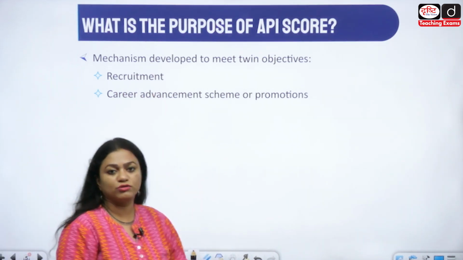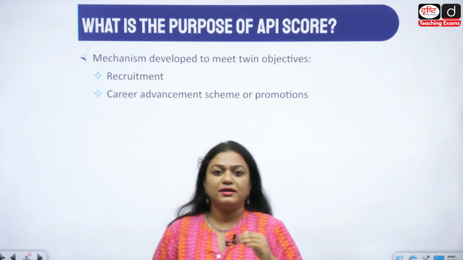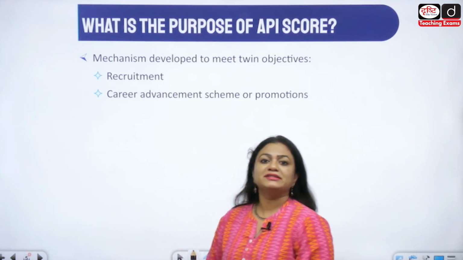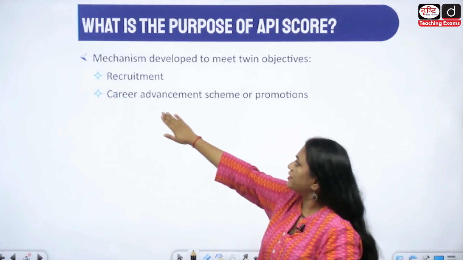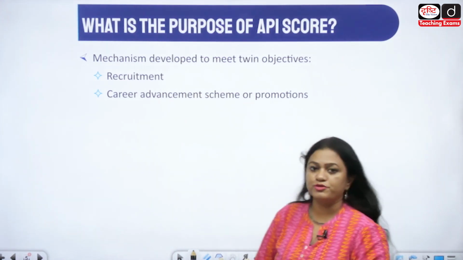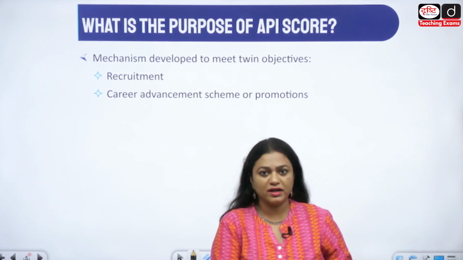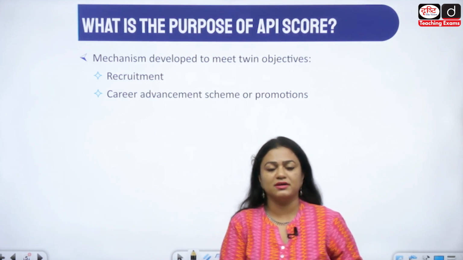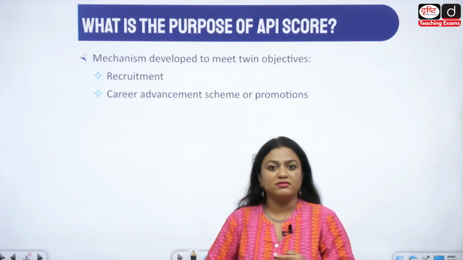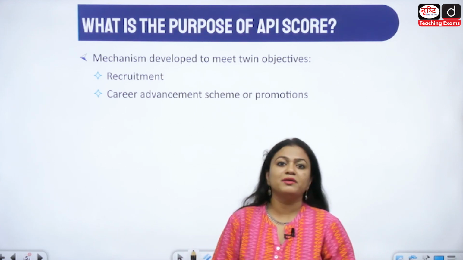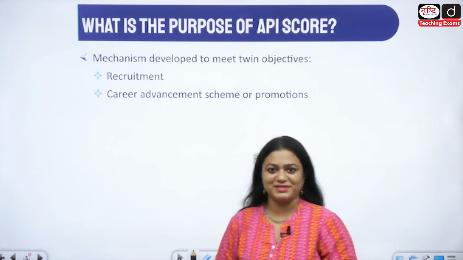It means that for those in the early career, to enter academics as an assistant professor, the recruitment. Then the second objective is career advancement scheme or promotion. Those who are already working as an assistant professor and have done teaching for a number of years are waiting for their promotion. At that time also, API score is important.